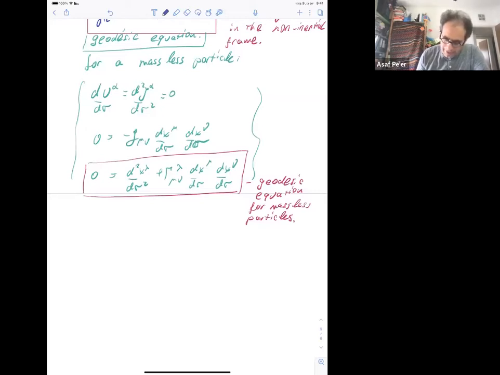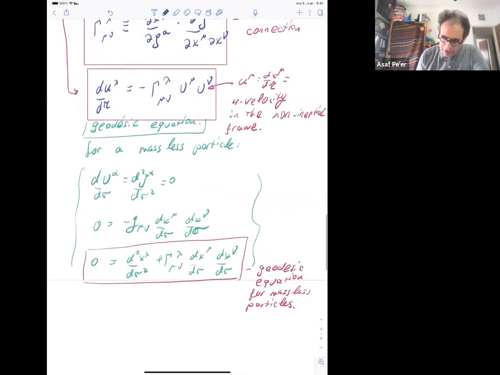Now, we already have some sort of physical interpretation because if you're looking at the geodesic equation, this is an acceleration term, and the acceleration is associated with the affine connection. So in some sense, why do we see acceleration? Because there is gravity, right?